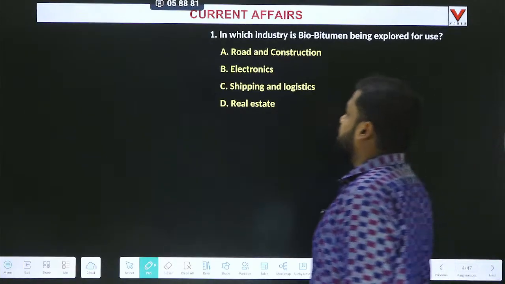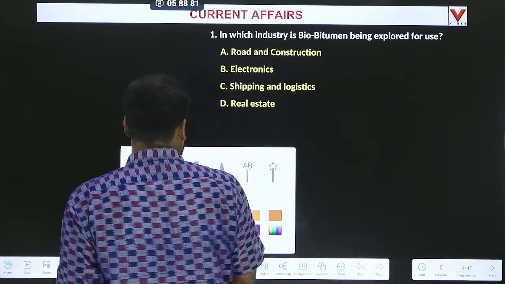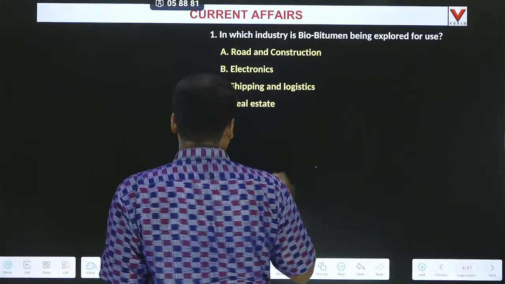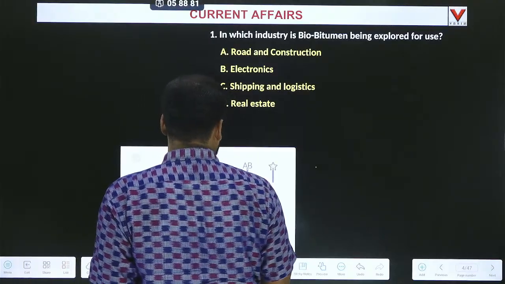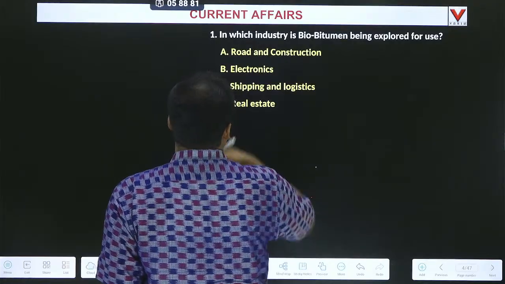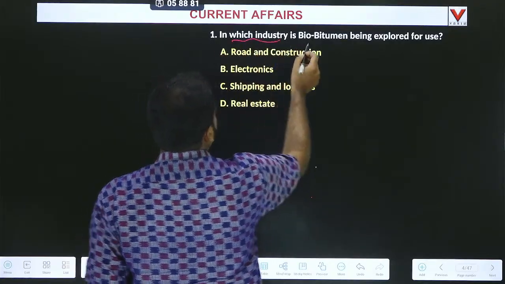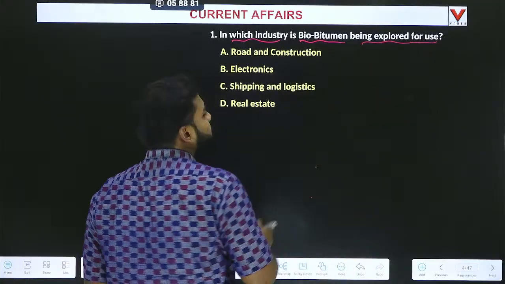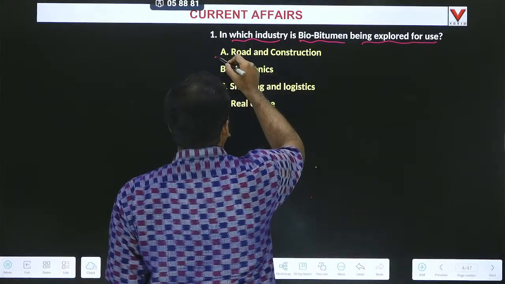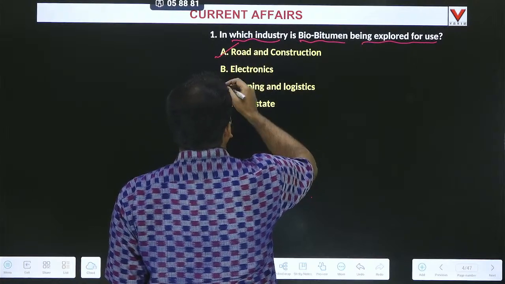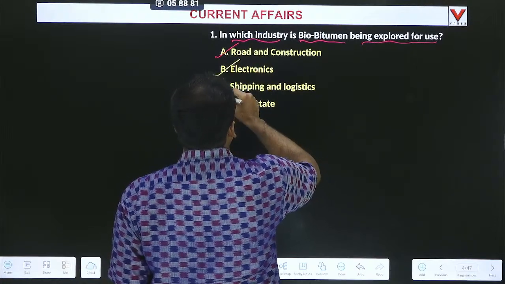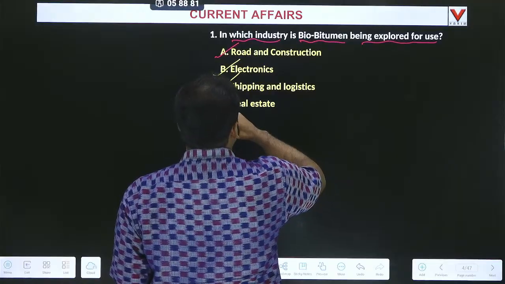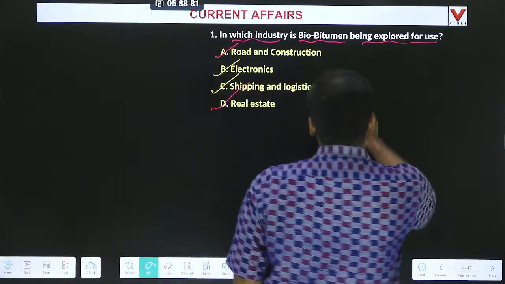Today's first question is: in which industry is biobitumen being explored for use? Your options are: first option, road and construction; second option, electronics; third option, shipping and logistics; fourth option, real estate. Please attempt this question.